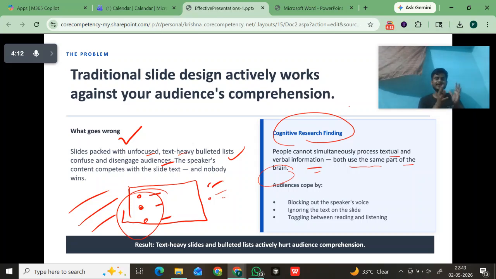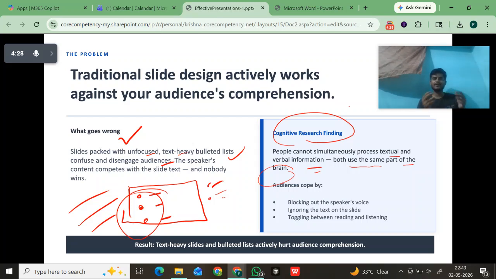If my screen has too much text and there is narration also, as a brain we can only focus on one thing. We can use only one sense.